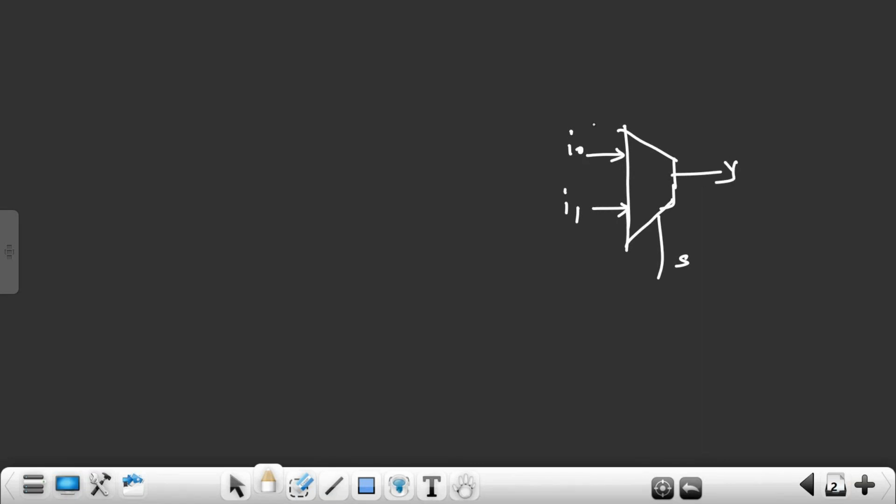If I ask you to tell the behavior, almost everyone will tell it. Everyone knows this, because when S is equal to 0, Y is going to take I0. When S is equal to 1, Y is going to take I1. So telling its behavior is easy.